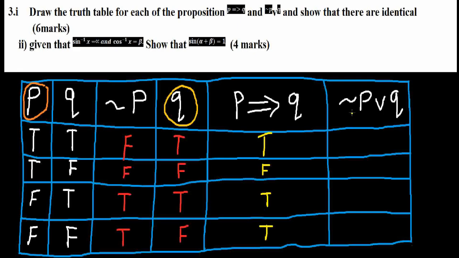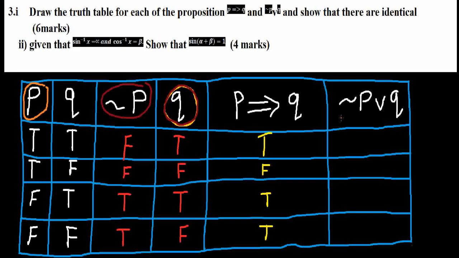Now with the proposition not P or Q. Okay, now we're with the proposition not P or Q. So we are with this. And we know that the condition for the proposition disjunction, which is this or, is that it is always true unless when the two propositions are false.